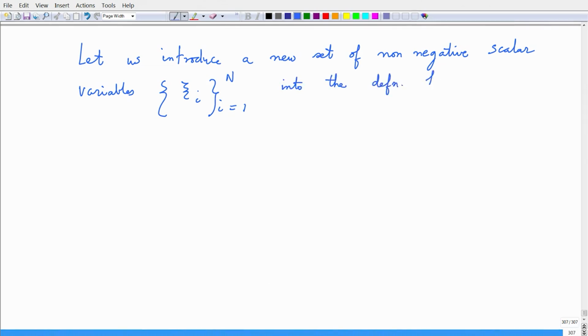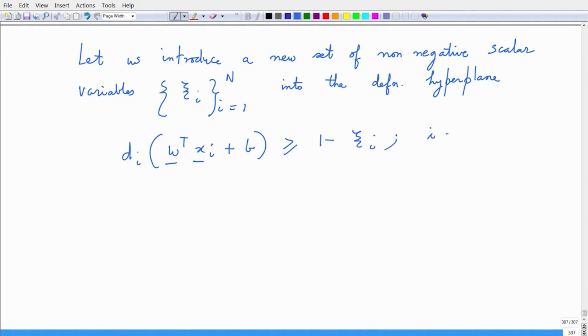So, I have d_i times (w transpose x_i plus bias) is greater than or equal to 1 minus zeta_i for i equals 1 through n, and these variables zeta_i are called slack variables.